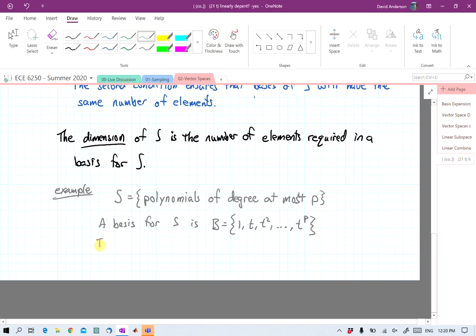And so the dimension of S is p plus 1. This is one of those cases where you might look at it and say, polynomials, they're continuous, it must be infinite. But in this case, no. The dimension is exactly p plus 1. So a nice little finding there.